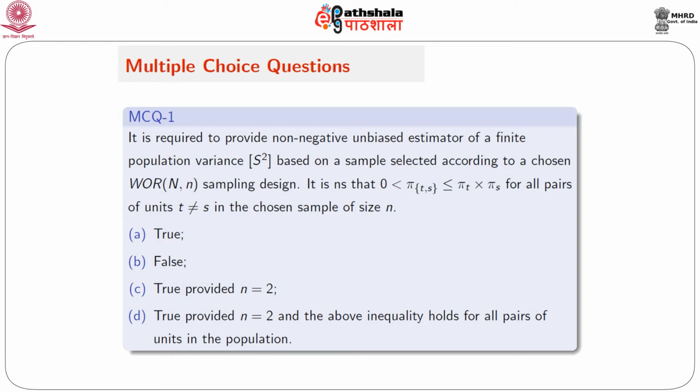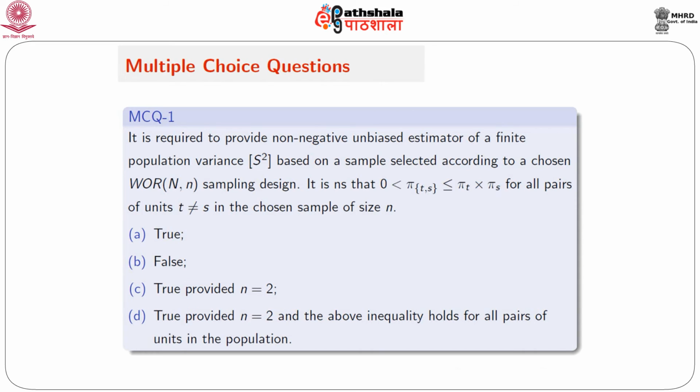So that's the answer we know. So you don't really have to worry about pi t times pi s and that inequality, and you don't have to worry about small n equal to 2, nothing like that. But it says for all pairs of units in the chosen sample of size n. In a chosen sample of size n, if I find that this condition is satisfied, does it resolve the problem? That's why you have to think a little bit, okay?